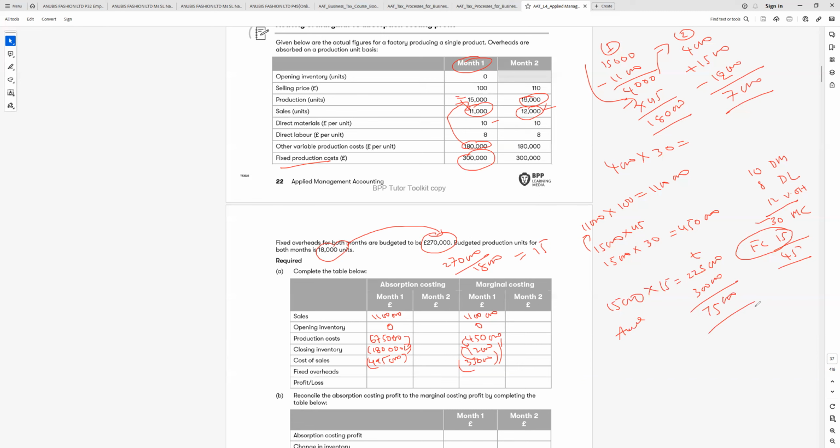I thought my production overhead expense would be 225 based on my plan, but the actual production cost for the overhead is 300,000. So expense will go up. If the expense goes up, remember that profit will go down. So 75,000, the expense needs to go up. As the cost of sales is a minus, that's why I'm taking it as a minus.